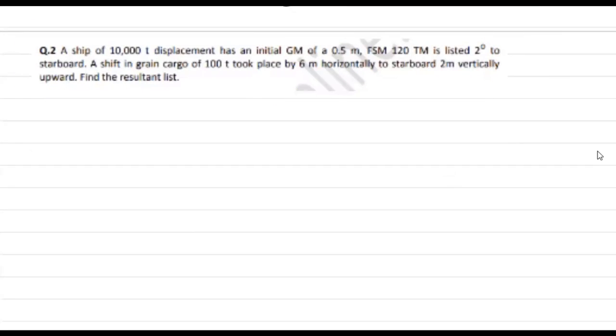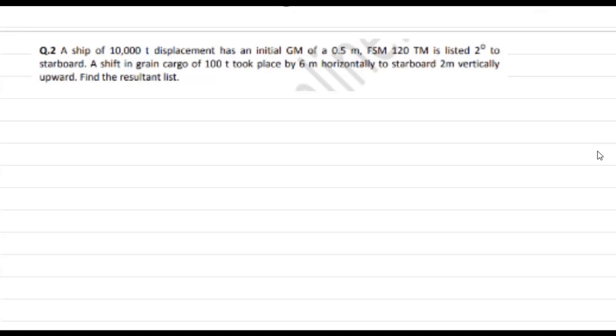It should be very simple. A ship of displacement 10,000 and initial GM 0.5 meter, free surface moment 120 ton meter, is listed 2 degree to starboard. A shift of grain cargo of 100 ton took place 6 meter horizontally to starboard and 2 meter vertically upward. Find the resultant list. So what to do?